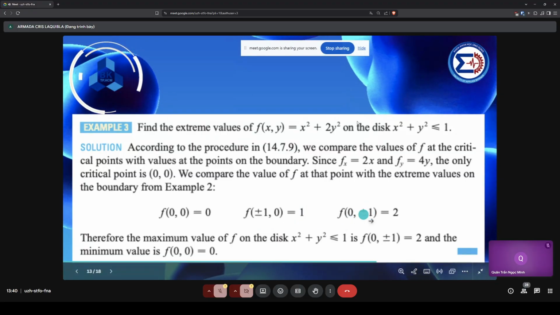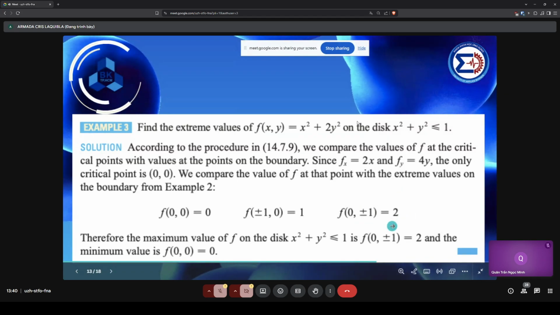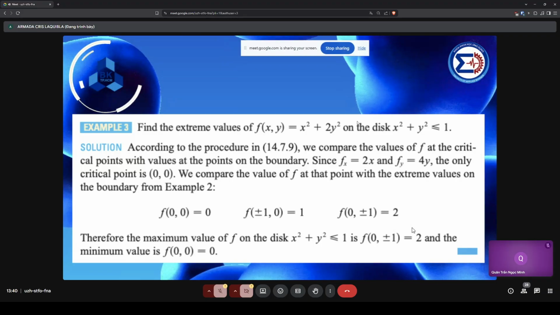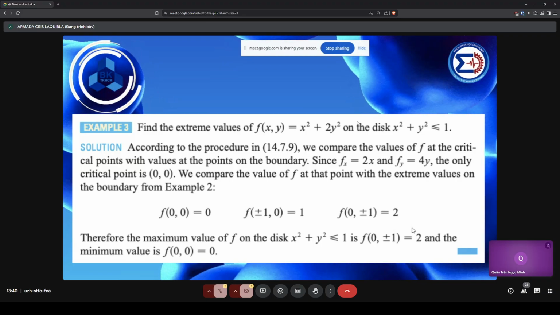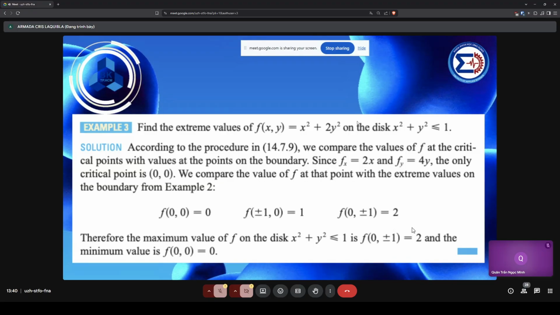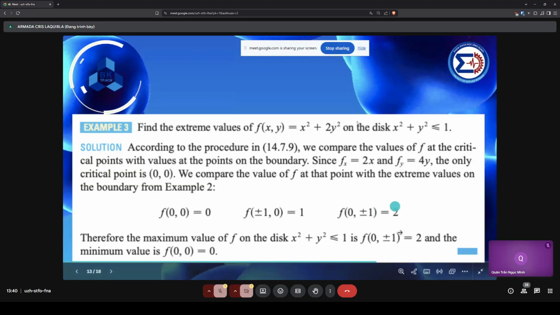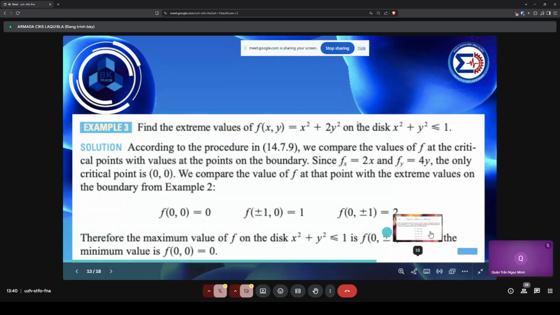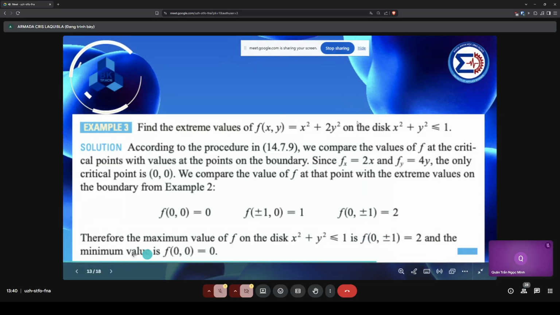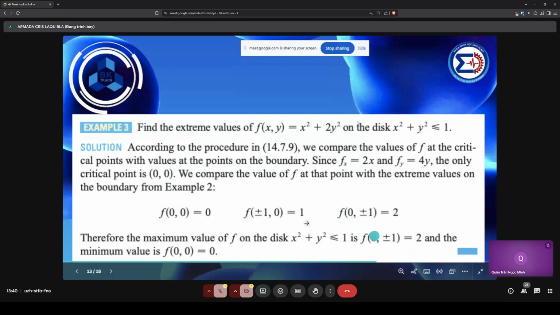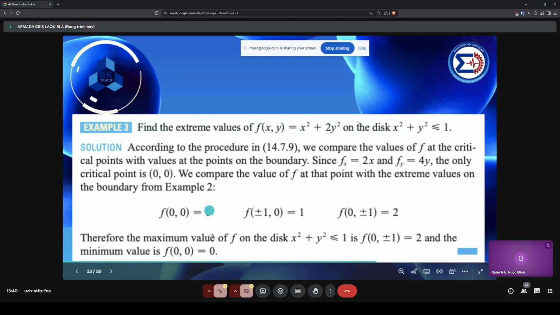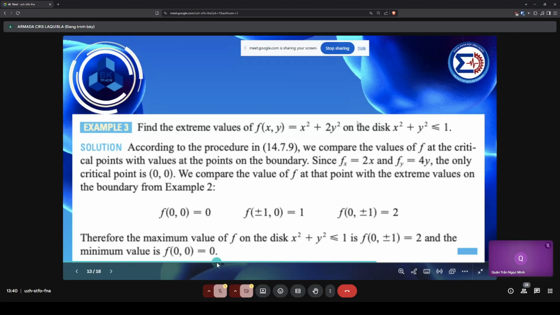Your f of 0, positive negative 1 is always 2 because it's from the previous result that we had. Now look, the maximum value is still 2, because this is the highest among the numbers. Now the minimum value changes. It's not the 1 anymore. The f of 0, 0 is 0, so this is now the minimum value.